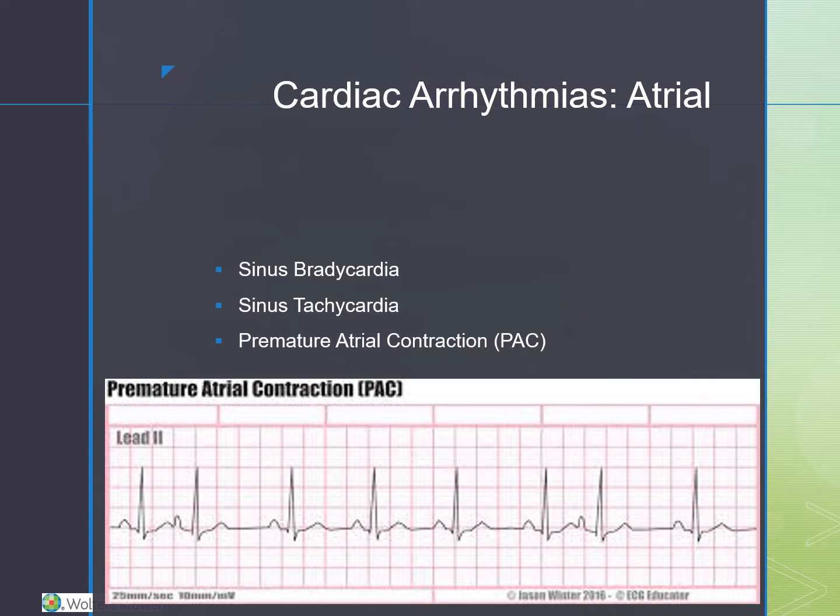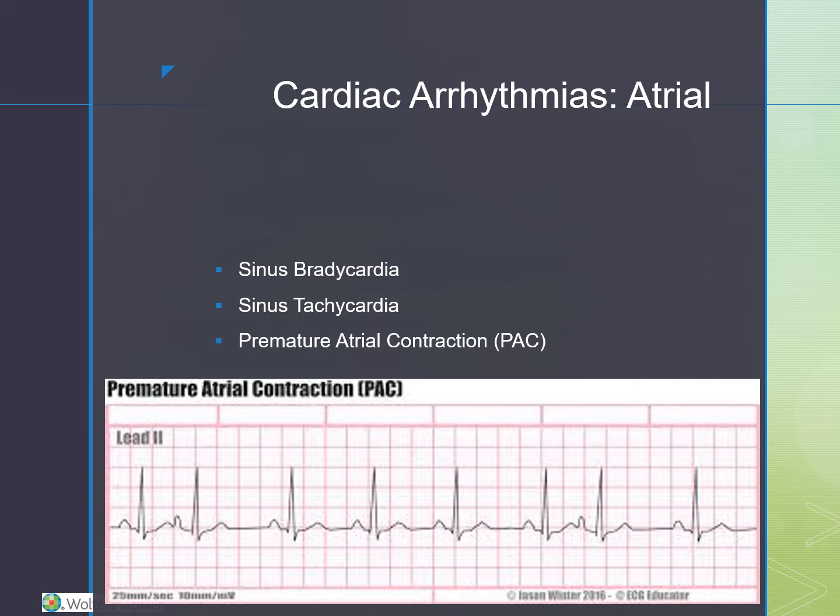So another cardiac arrhythmia would be our sinus tachycardia, where the impulse proceeds normally through the conduction pathway, but it goes at a faster rate than usual. And our high rate, again, is going to be 100.